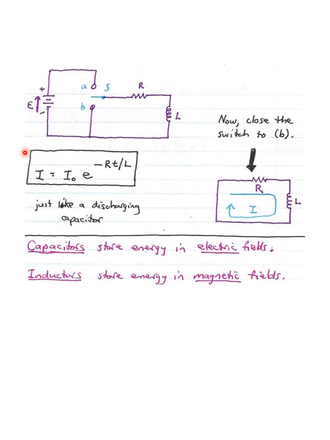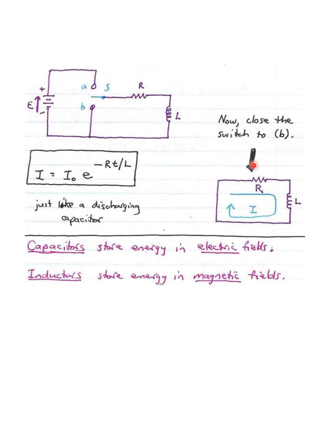This picture at the top of the page shows a circuit with a two-way switch, which I introduced earlier in this lesson. We throw the switch to A and the current builds up as I've described. But then if we turn the switch to B, current continues to flow through the inductor and the resistor because the inductor current can't change instantaneously.